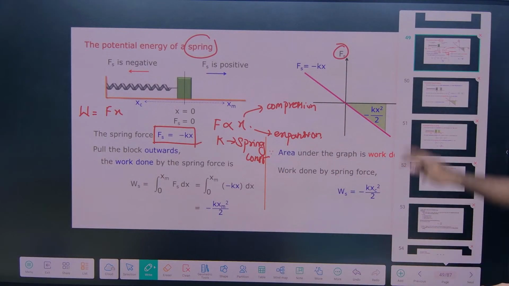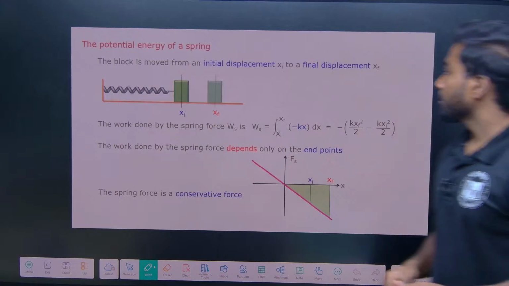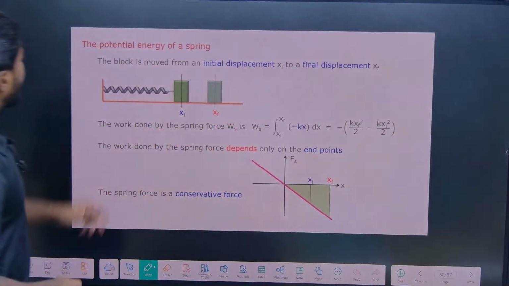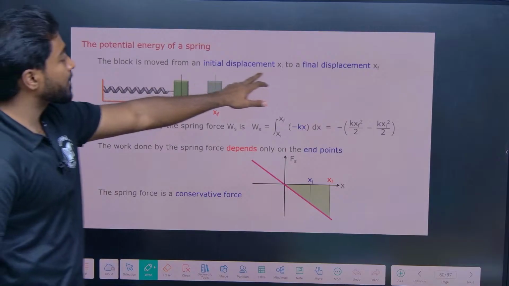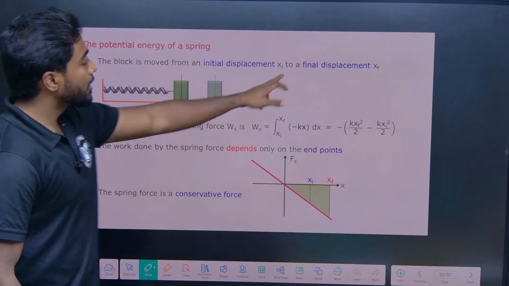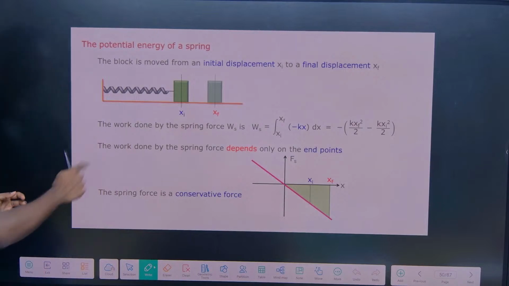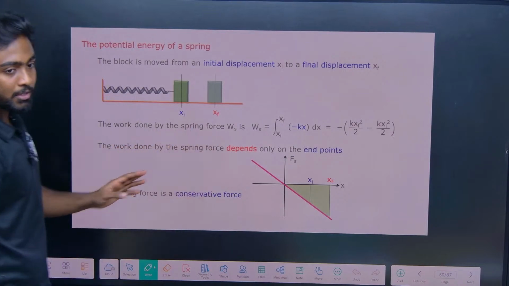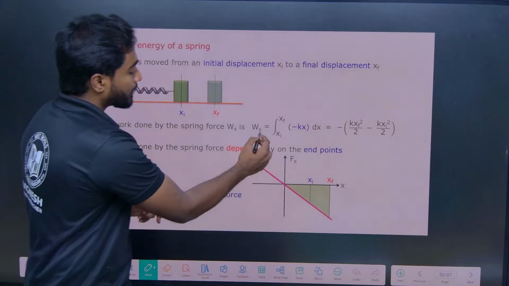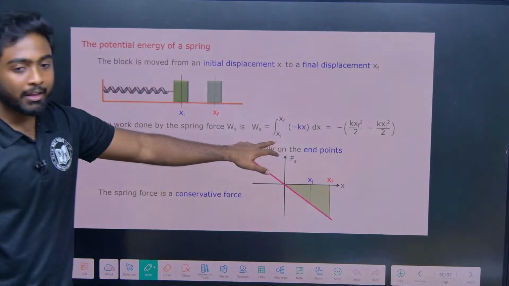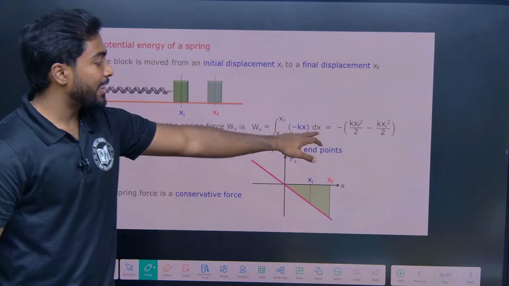Completed? Okay. Now the potential energy of a spring: a block is moved from an initial displacement, x initial, to the final displacement xf. The work done by the spring force is the integral from initial to final of -kx dx.